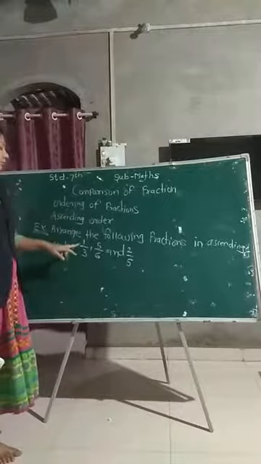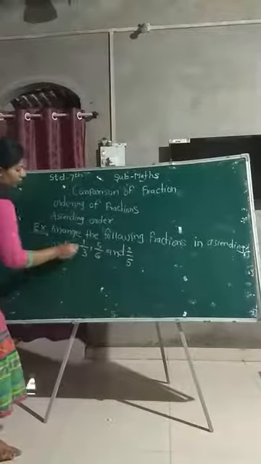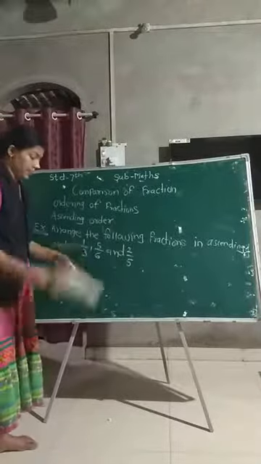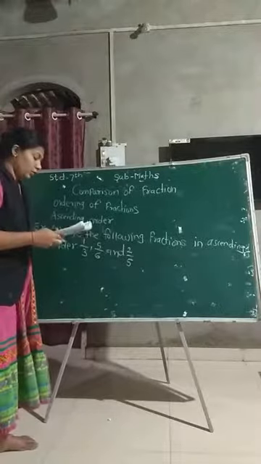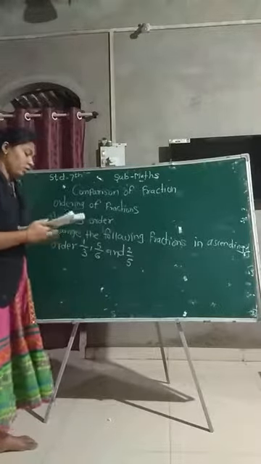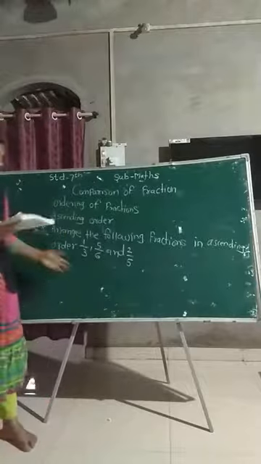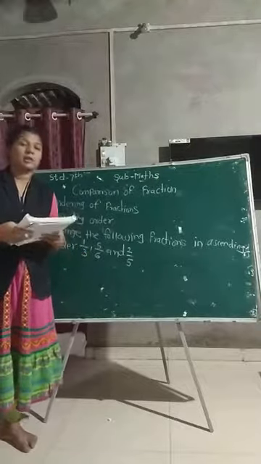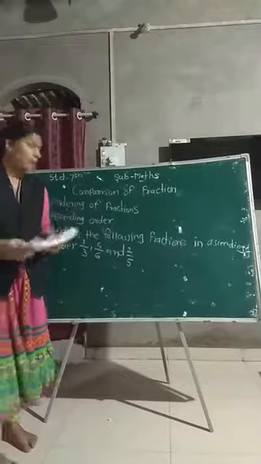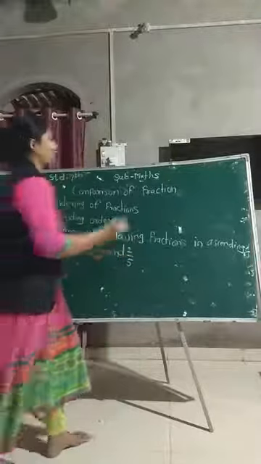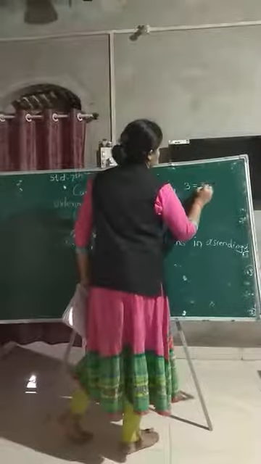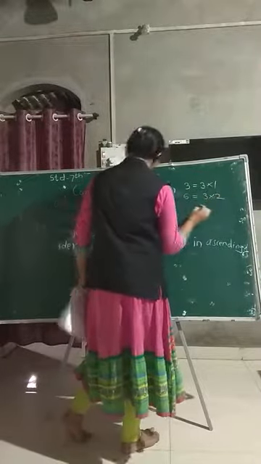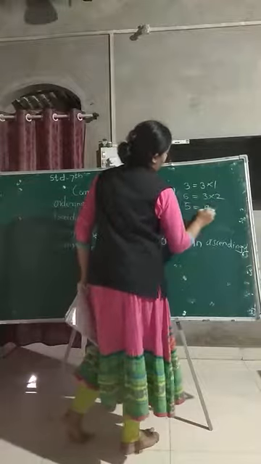Firstly we will make their denominators the same. So firstly we find the LCM of 3, 6 and 5, and the LCM of 3, 6, 5 is 30. How to find the LCM? The factors of 3 are 3 into 1, of 6 are 3 into 2, and of 5 are 5 into 1.